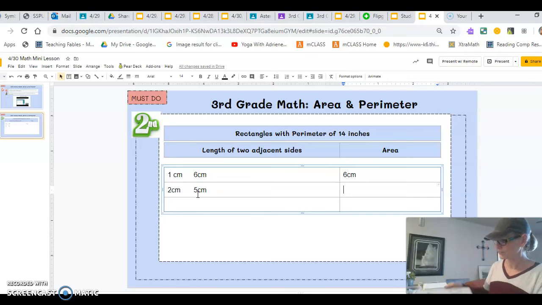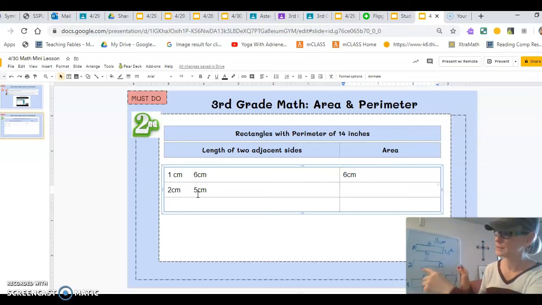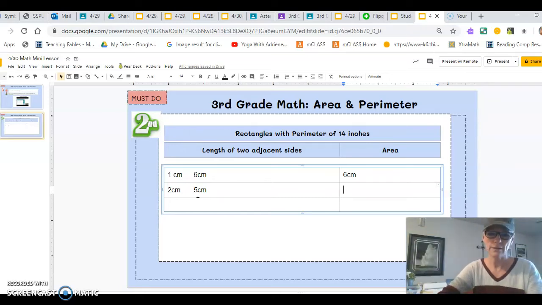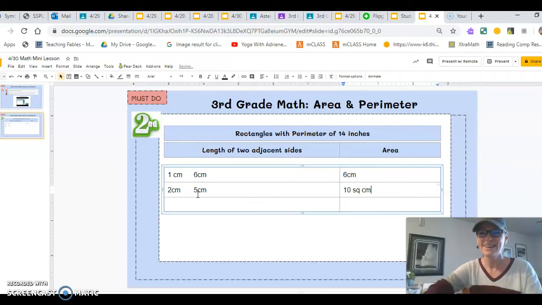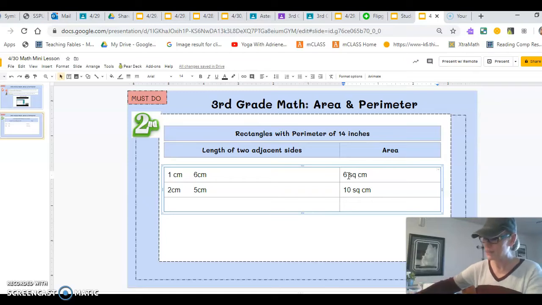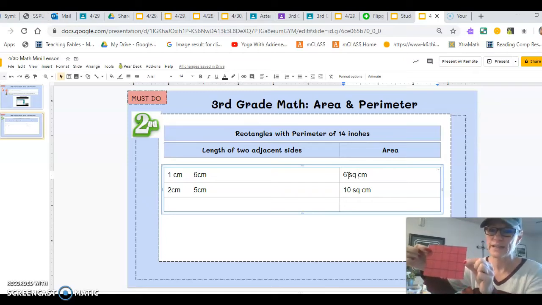And so then I have to calculate the area as the space inside, length times width. 2 times 5 is 10. Uh-oh, who saw the mistake I made up here? I hope you did. Square centimeters, Miss Doyle, because that's how many squares fit inside that shape.